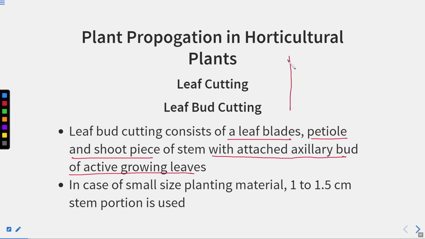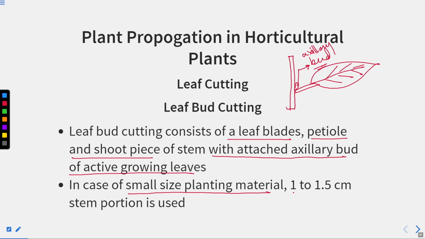This is the stem part, this is the petiole of the leaf, and this is the main lamina and axil of the leaf. This is the axil, and this is the bud, called the axillary bud. In case of small planting material, a 1 to 1.5 centimeter stem portion is used.